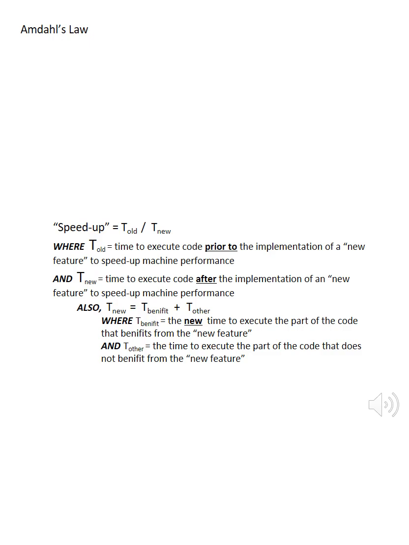T old is the old time, and T new is the new time. And then T new breaks into two parts, where only part of a given code segment is benefiting from the new hardware feature, and then a part that doesn't. That's the T other. So for T new, you have to account for both.